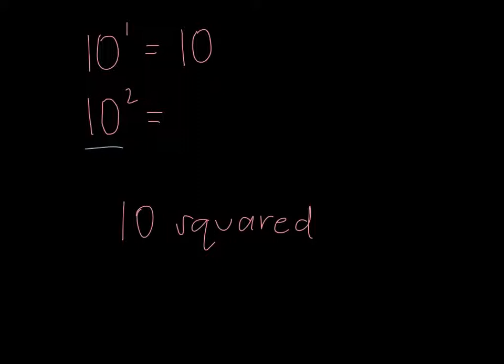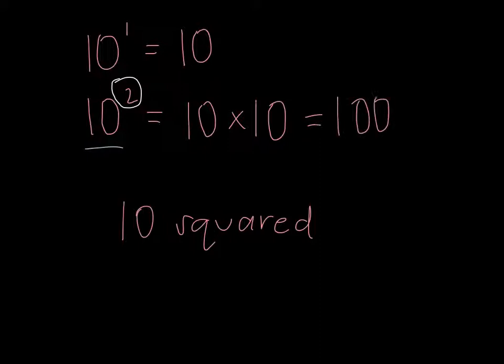I also want to look at my exponent, 2. This tells me how many times I'm going to write the base. So I'm going to be writing the number 10, and the exponent tells me to write 2 tens. And in order to solve this, I put a multiplication sign between them. 10 times 10 is equal to 100.